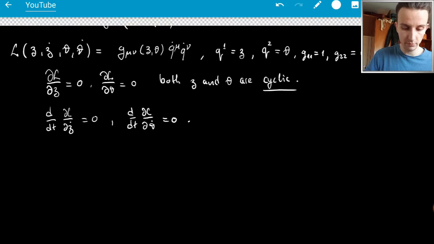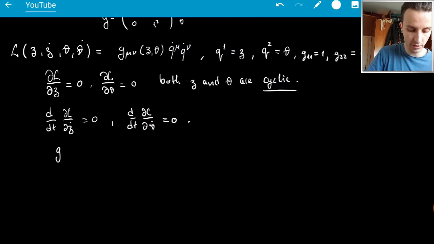And this means that, let's be careful here, let me just write it generally. Since both of them are equal to 0, I'm allowed to write it like this. Del L by del q dot mu is equal to d by dt.